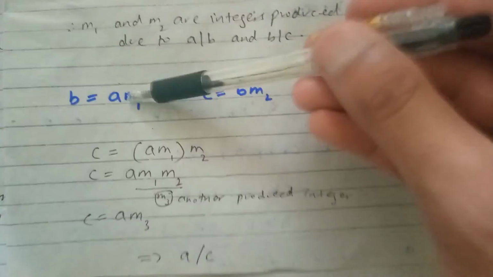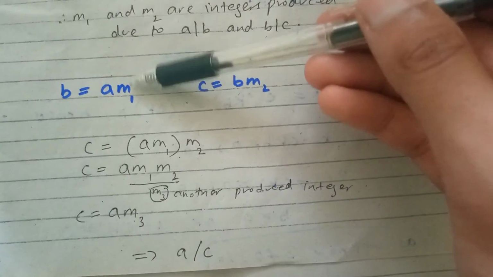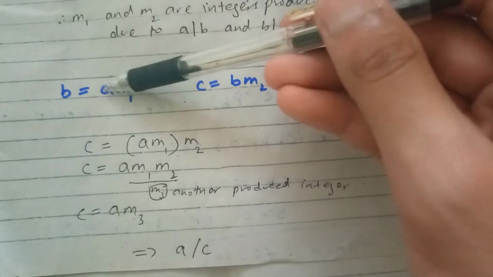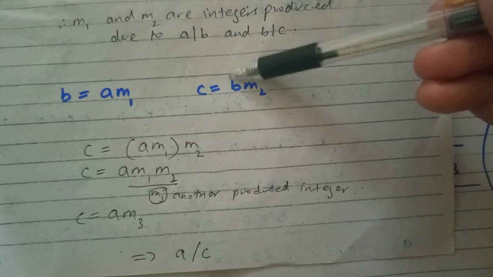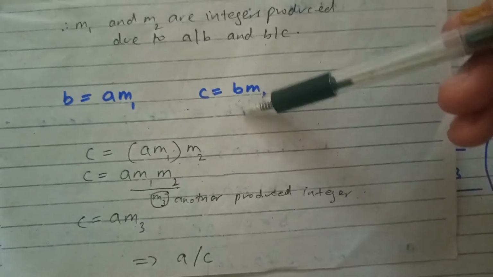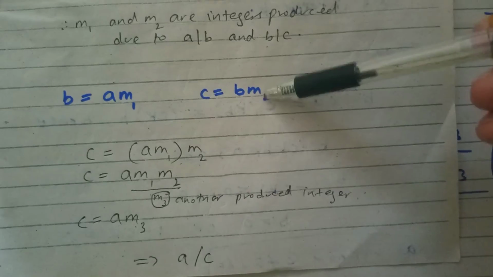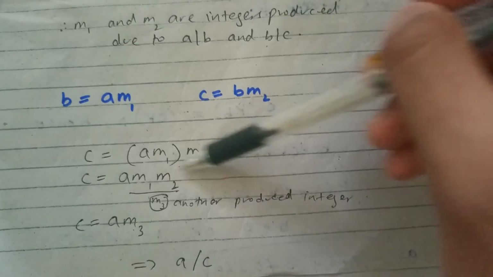So we are heading towards it now; we got these two. We put b equal to a m1 into c equal to b m2. We put the value of b here, which gives c equal to a m1 times m2.